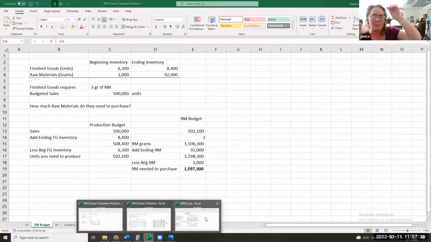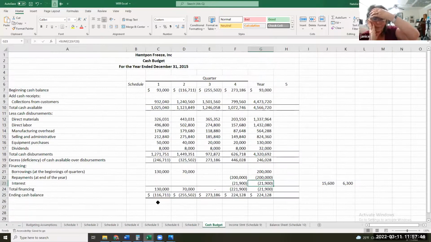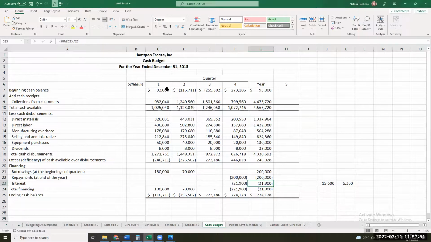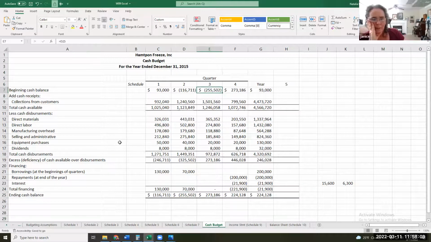I can't ever remember which one I put here and which one I put there. How do you remember which one goes back up there? Ending cash from quarter one goes up in quarter two as your beginning cash balance. Like this one, it's negative 116,000, and it's the same here.